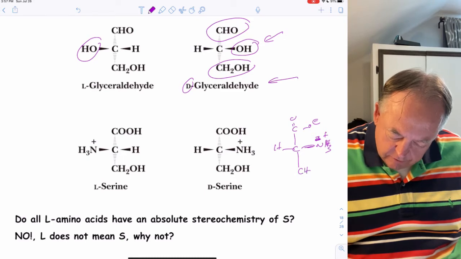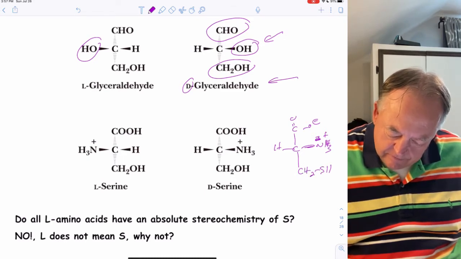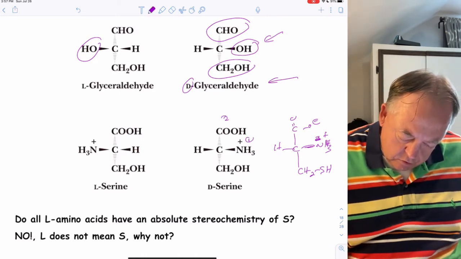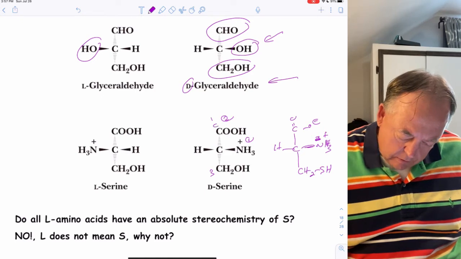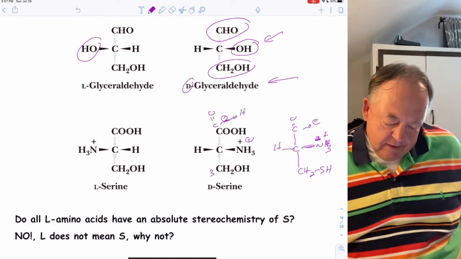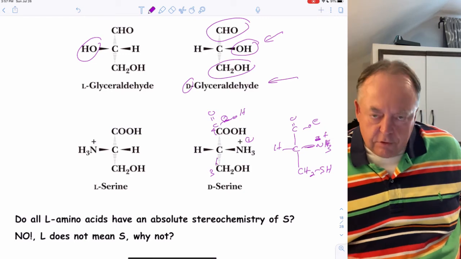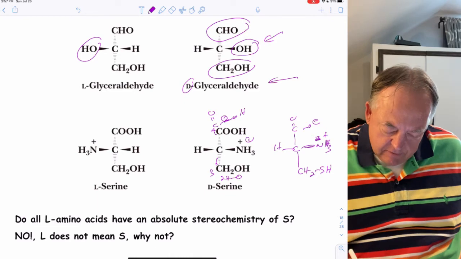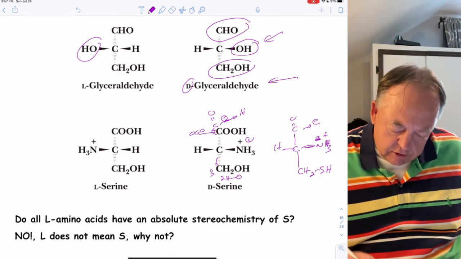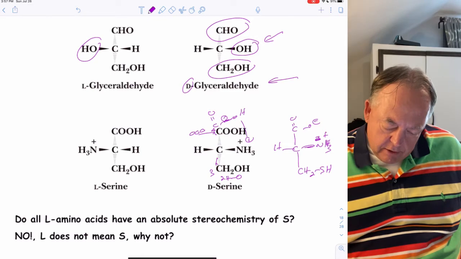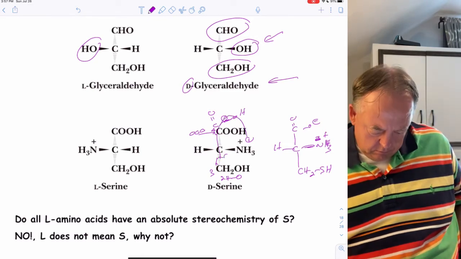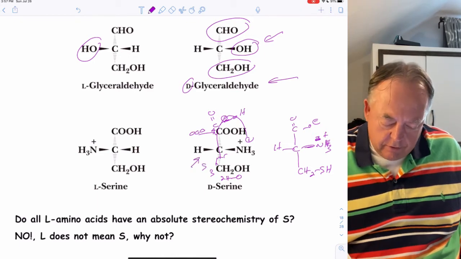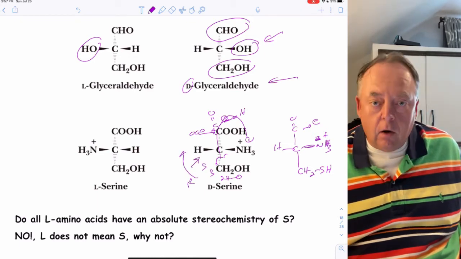So for serine, this is priority 1, 2, 3, right? Because this C double bond O looks like that. So you would go to carbon and you would go to carbon, those are the same. So you would go to the next atom, and this would go to 2 hydrogens and an oxygen, whereas this carbon would go to 3 oxygens. So 1, 2, 3 would be counterclockwise, so that would be S. 4 is on the horizontal, so you would flip it, so this would be R, right?